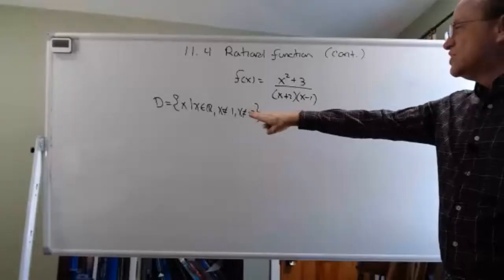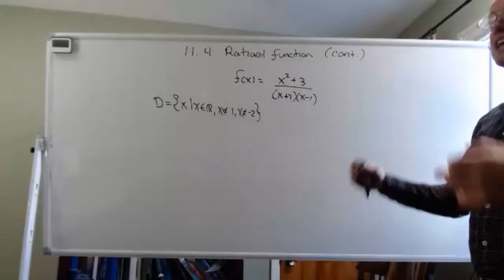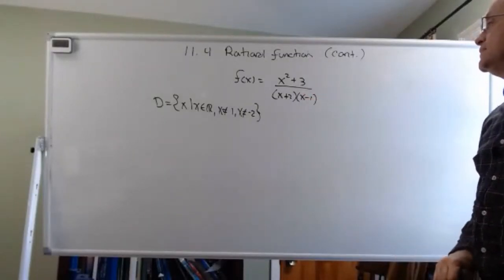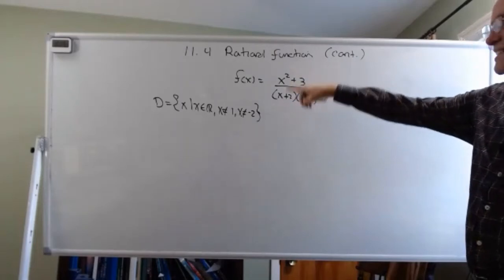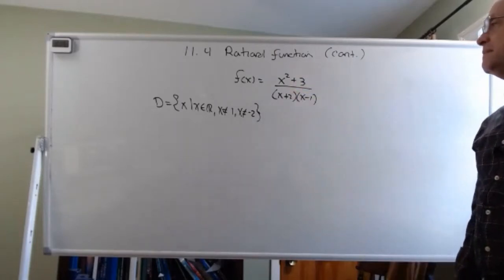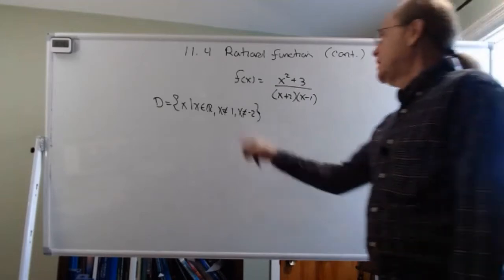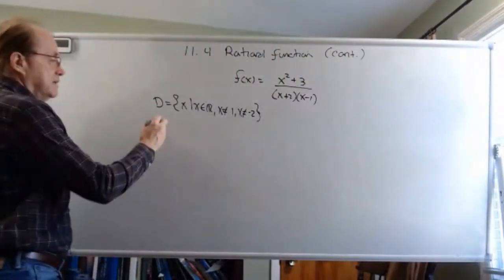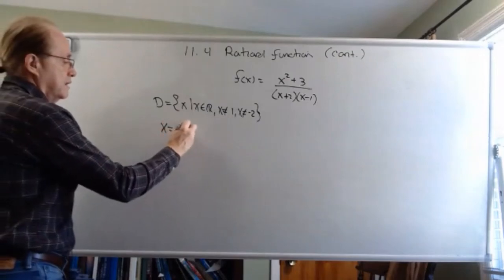So only the excluded values of the domain have the potential to be a vertical asymptote. In this case, both of them are, because you don't have a factor canceling. So the domain is relatively easy. And then you're going to see the following, and we'll show it.